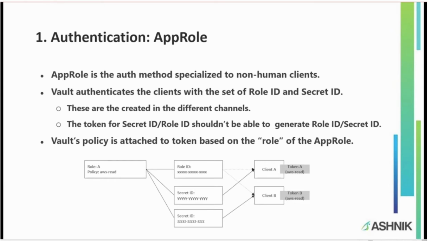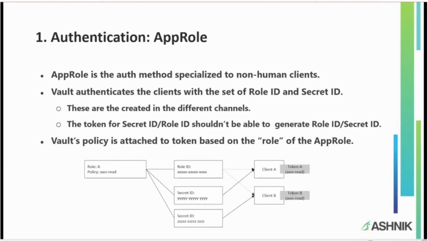AppRole requires a set of role ID and secret ID to authenticate any client. It is similar to a username and password, but the secret ID can be generated dynamically on an on-demand basis. The secret ID can also be limited to a number of uses, and it can be removed once the task is done.